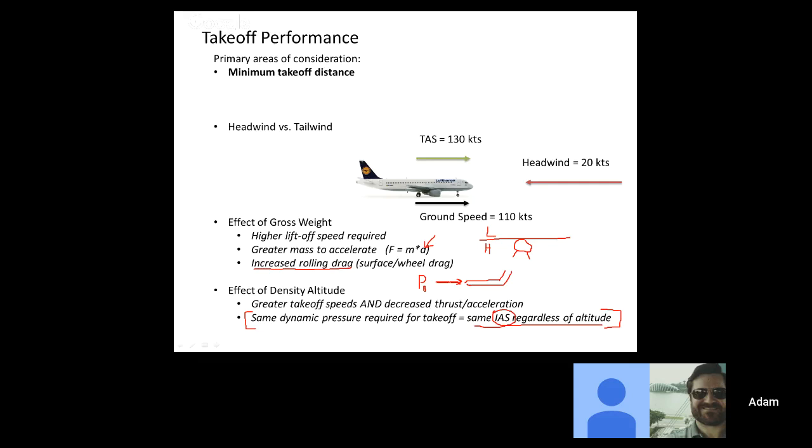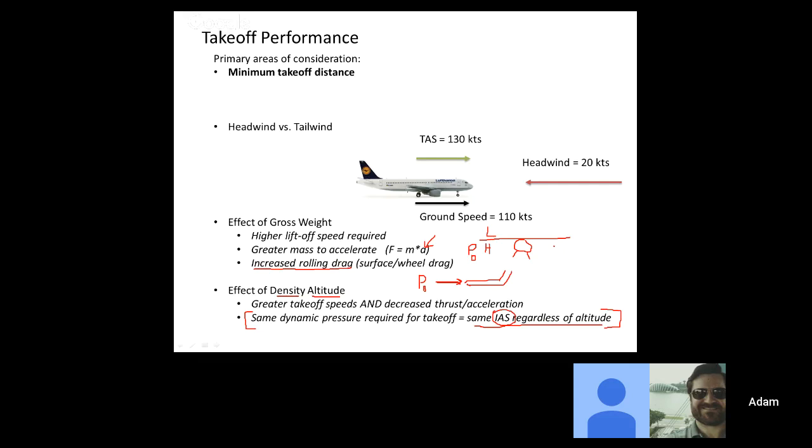So your pressure entering the pitot tube and your pressure here, your high pressure, we're just going to call that dynamic pressure as well, are always going to be the same. The pressure to lift the aircraft off the ground is always going to be the same regardless of altitude. And the pressure going into the pitot tube will always be the same. So your indicated airspeed will be the same regardless of what elevation airport you take off from, regardless of what density altitude you're operating in. That actually makes sense.